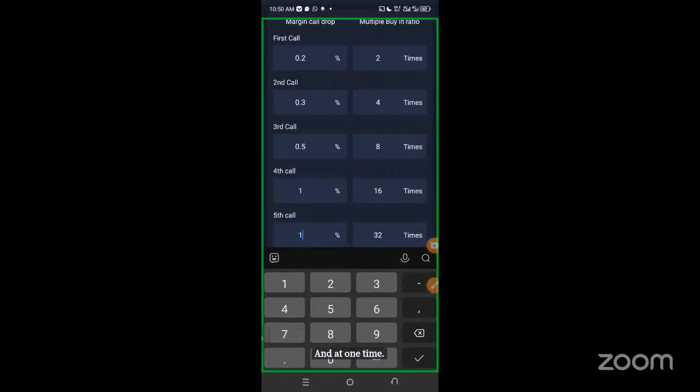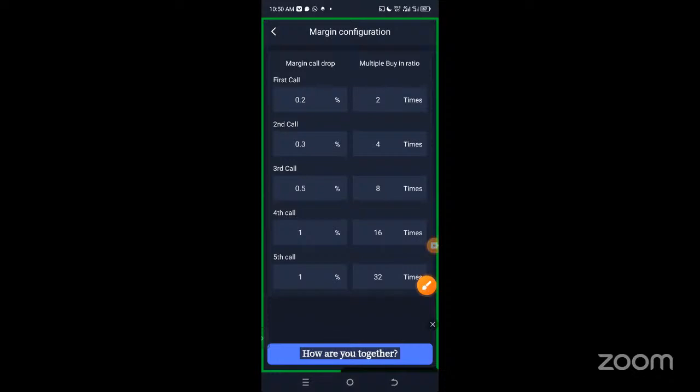Are we together? Then come to multiple buy.